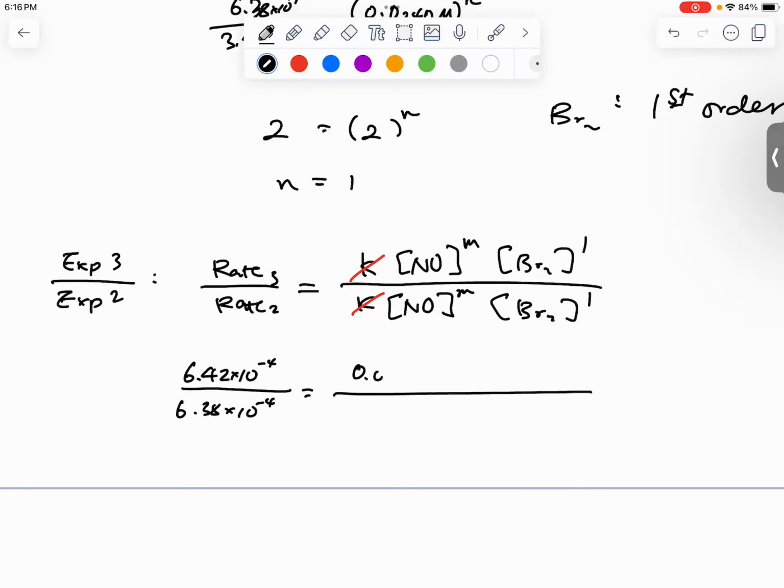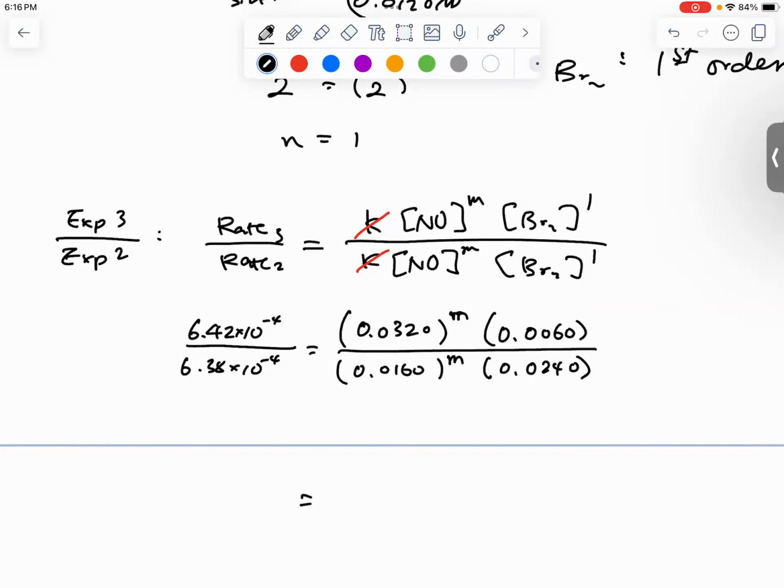So this is 0.0320 to the m power, 0.0160 to the m power, and then 0.0060, and then 0.024. What you have is 2 to the m power times 1/4, and they cancel each other out.